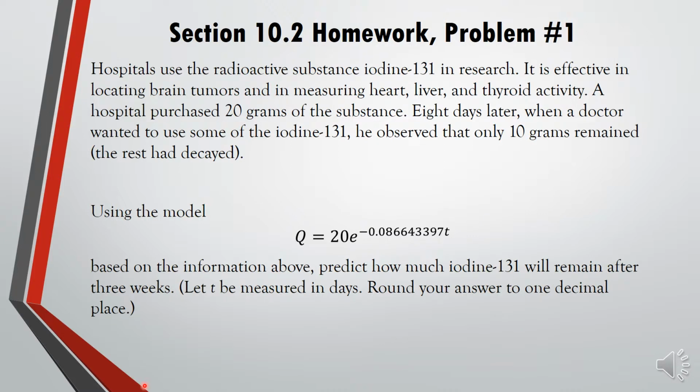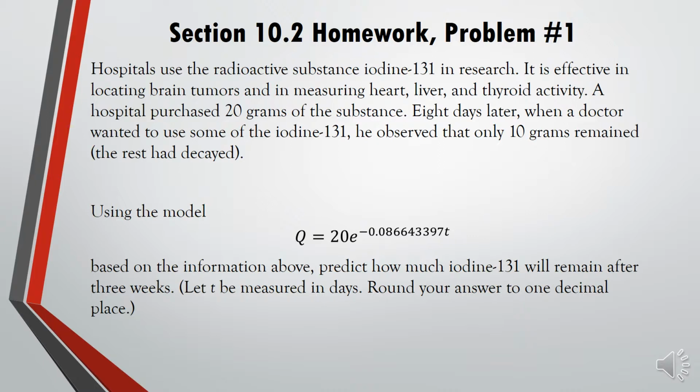I just wanted to point that out so you don't go use the same exact model that we just developed, because for some reason the homework is using a different number here. It says, using the model Q equals 20 times e raised to the negative 0.086643397 t, predict how much iodine-131 will remain after 3 weeks. Let t be measured in days. Round your answer to 1 decimal place.